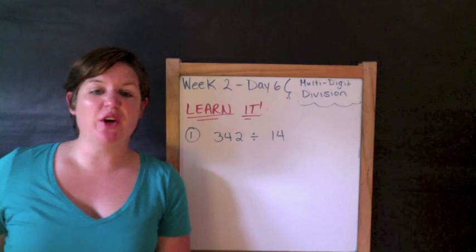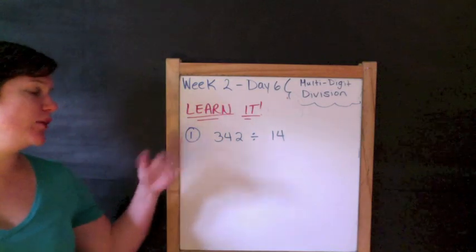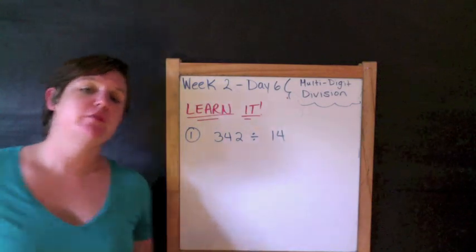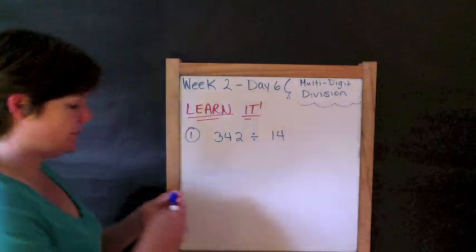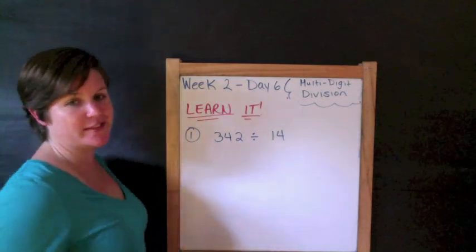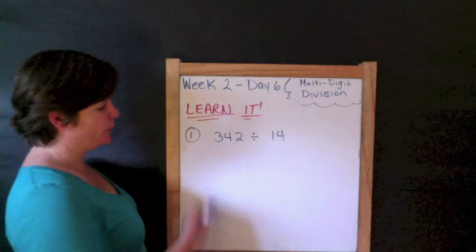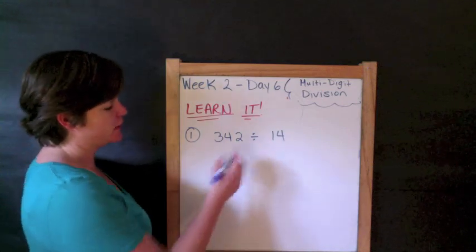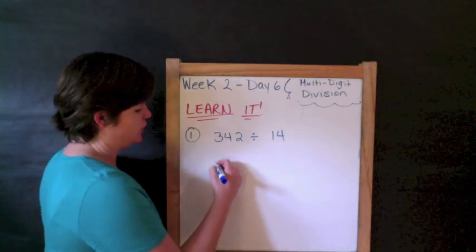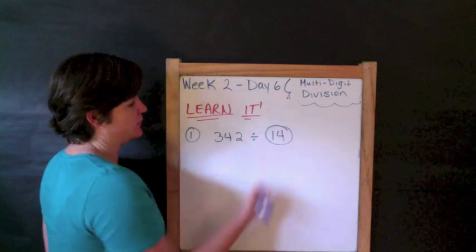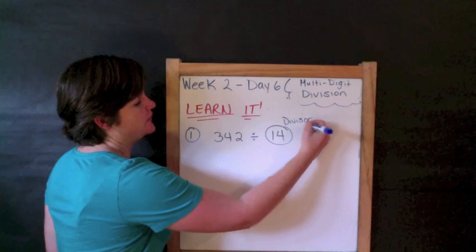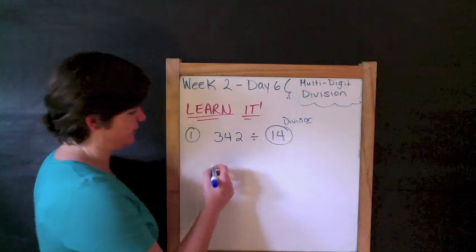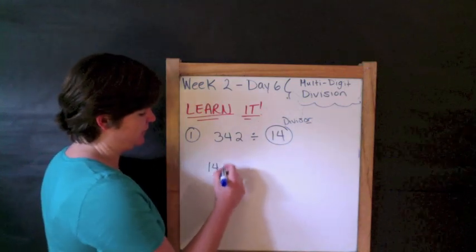All right, here we are at the Learn It section. We're going to find the quotient of 342 divided by 14. So, first things first, I need to write this appropriately. We don't divide horizontally like this. We actually set it up a different way. We're going to take our divisor, the one that's doing the dividing, 14, and put him out there.